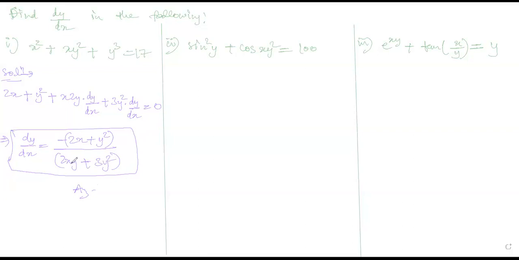You can also take y common from the denominator, but that won't be cancelled. I mean, that will just be simplifying the expression. But you can also write it like this.